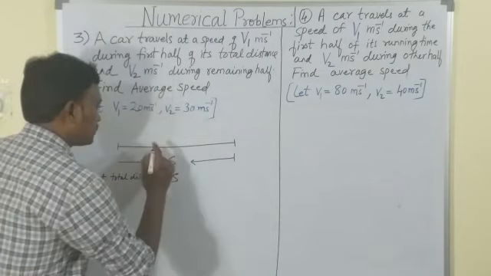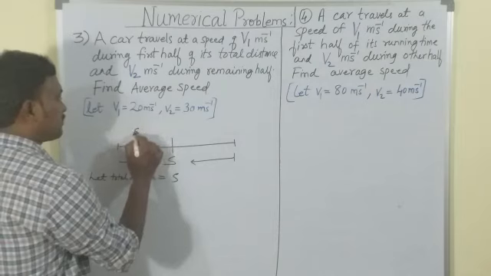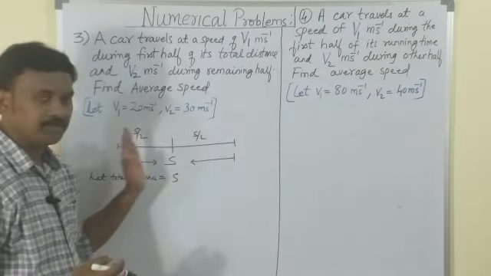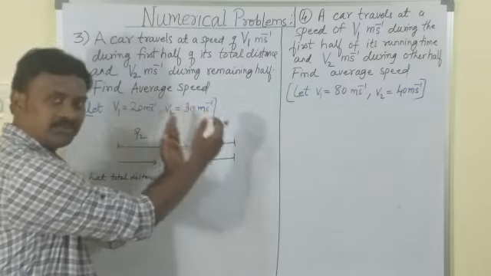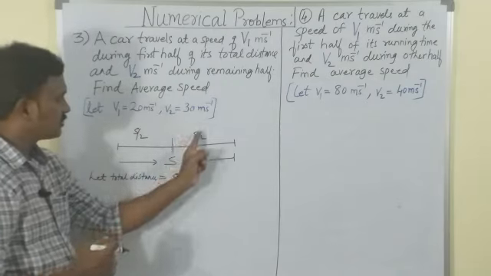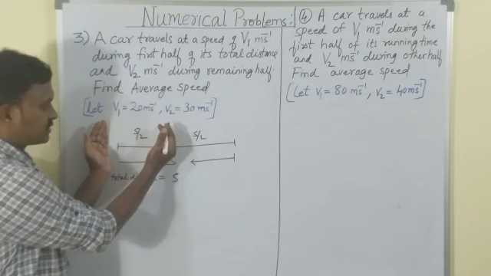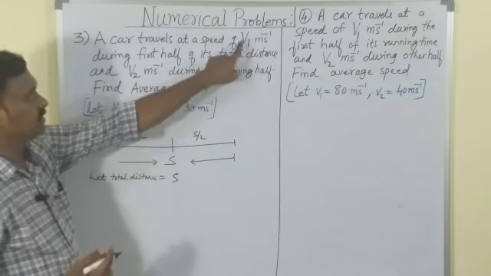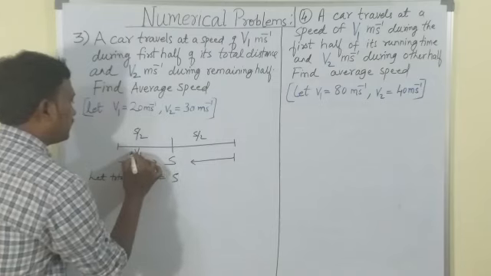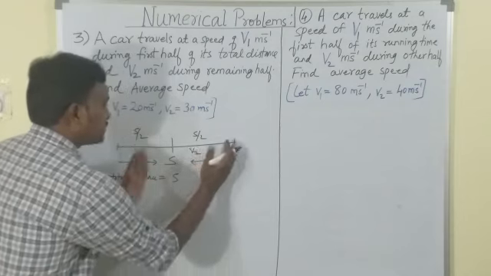We divide the distance into two halves, S by 2 and S by 2. Suppose 100 meters, then 50 meters and 50 meters. So as the total distance is S, we call this S by 2 and this also S by 2. The first S by 2 distance is traveled with speed v1, and the speed in the second half is v2.